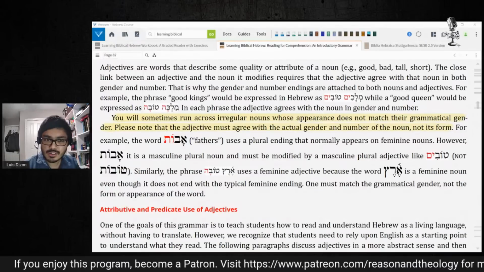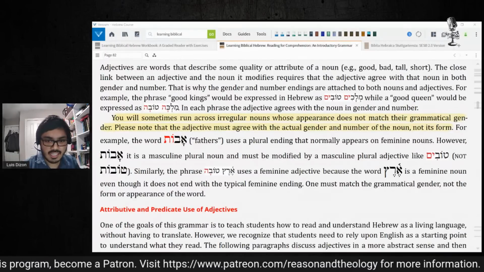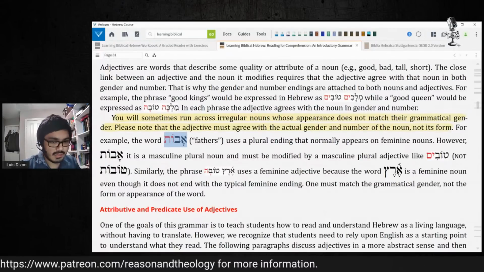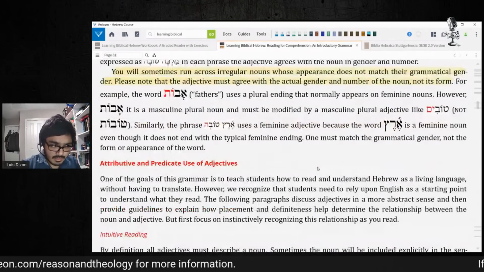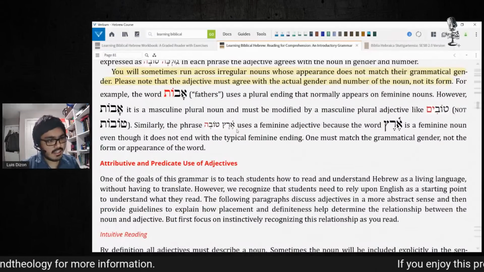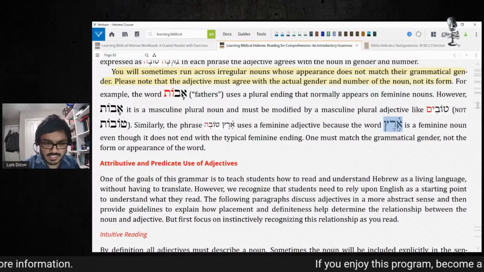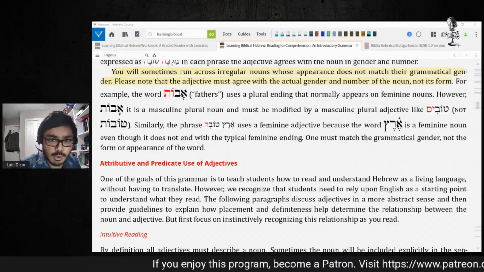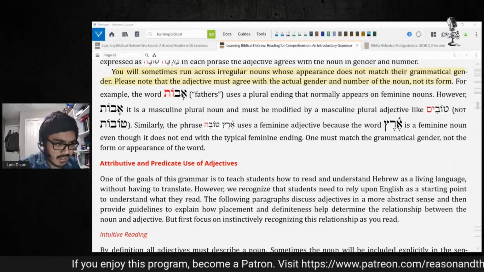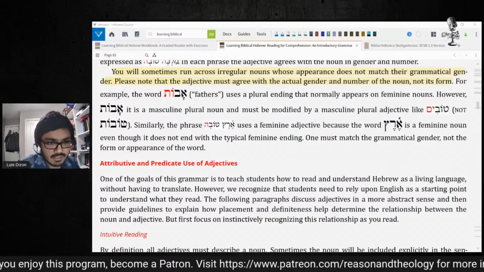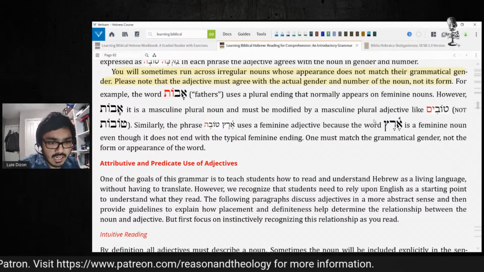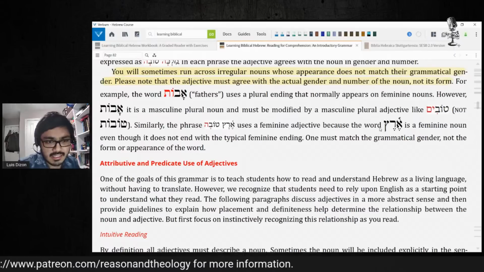So when we say good fathers, we don't say avot tovot, we say avot tovim. All right? So the endings are not the same, but they are grammatically the same gender. Another example given here is Eretz Tova. Eretz is the Hebrew word for land, ground, or earth. You'll notice that even it does not have the standard feminine ending, which is the patach he.